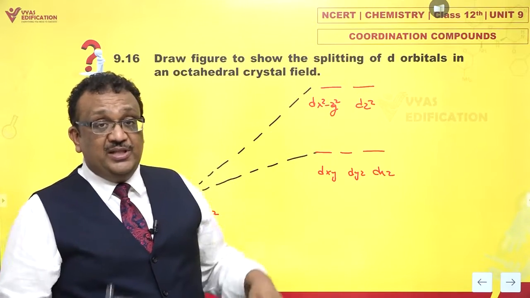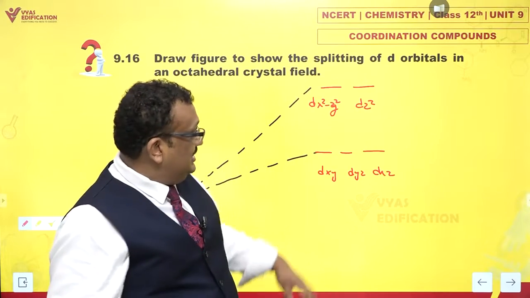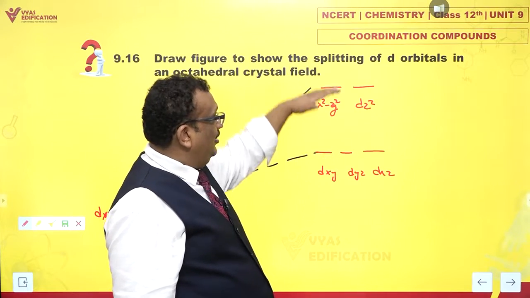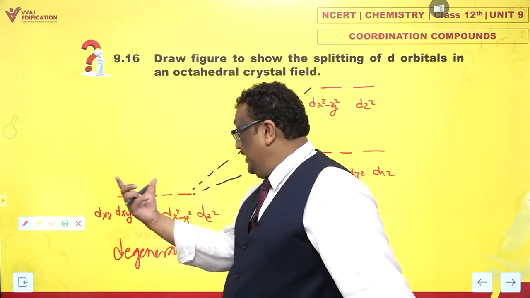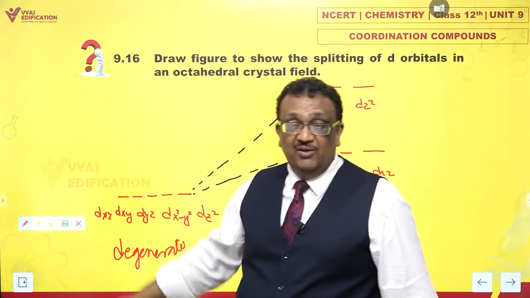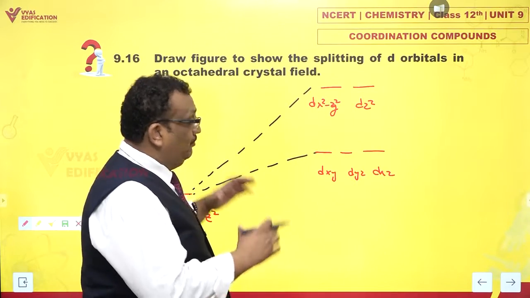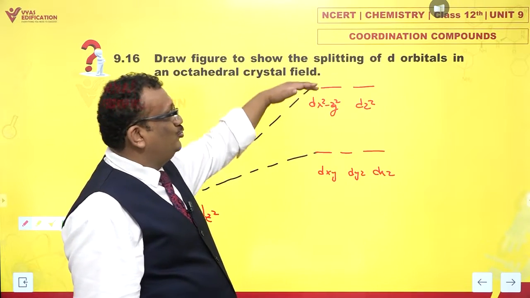Splitting doesn't mean that from 5 they become 10. As I said, they are now at two different energy levels. While an isolated atom had all 5 d orbitals at the same energy level, now within a complex you find that these d orbitals are in two different groups.